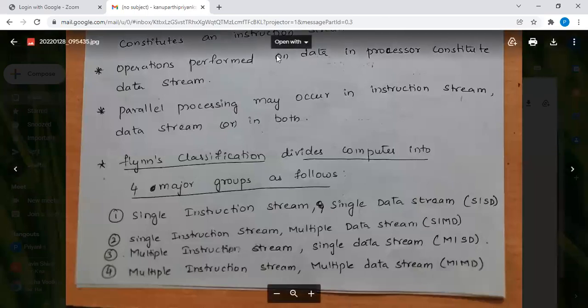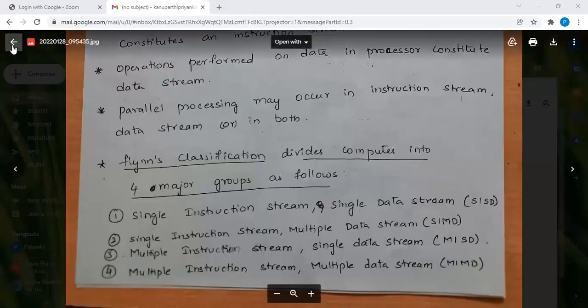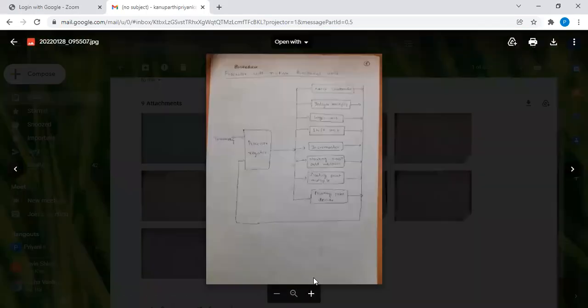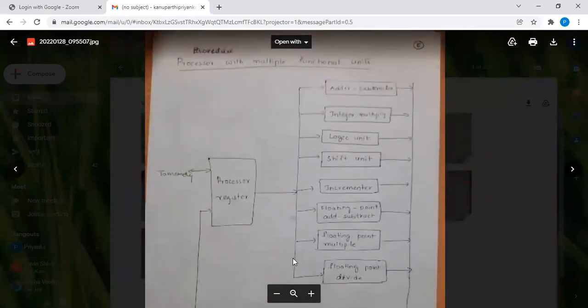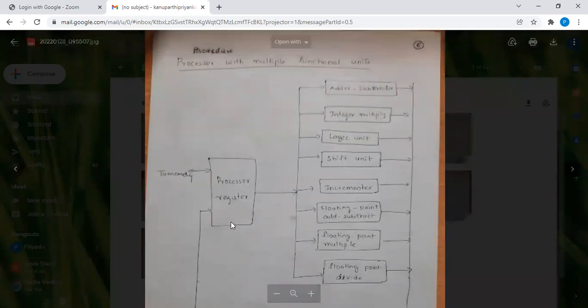And we'll show you what are multiple functional units in a processor. Yes, a processor with multiple functional units. See, this is a processor register, which is in a memory device. This is a processor register, and these are the multiple functional units.